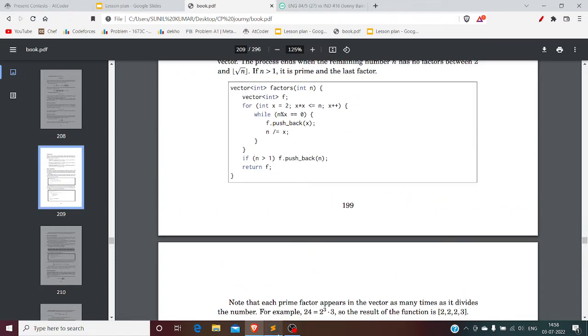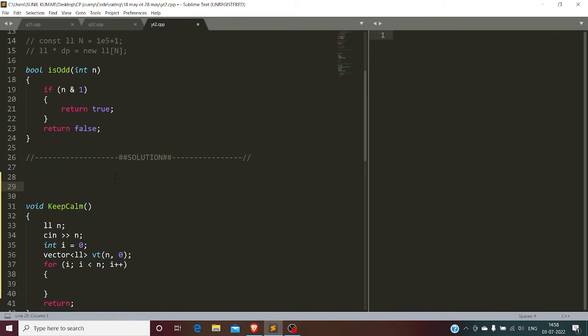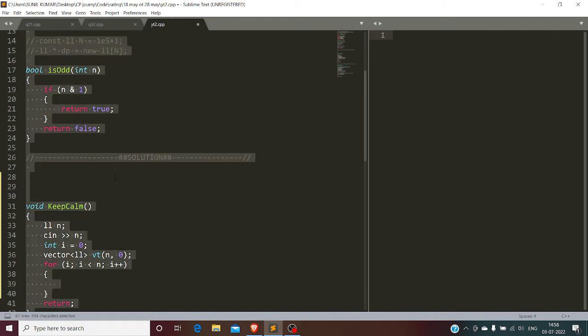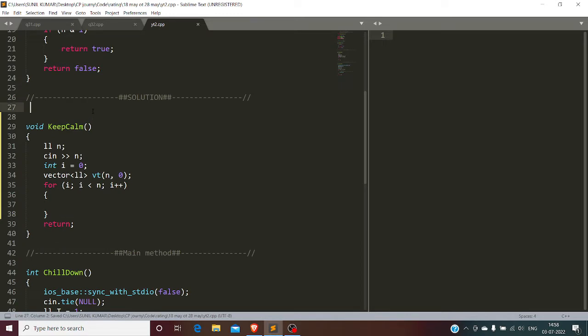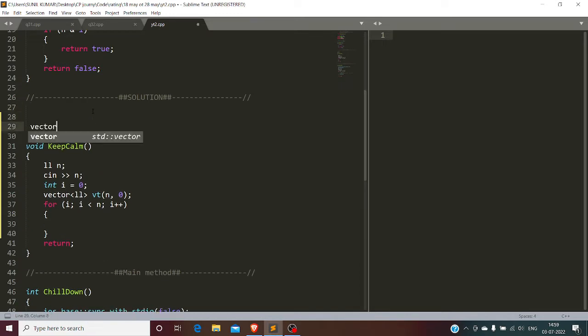So let's get started. So for that, let me write the Sieve theorem's function first. So obviously we are returning a vector of boolean that tells whether this number is prime or not, for every number from 1 to n, right? So function name is Sieve.